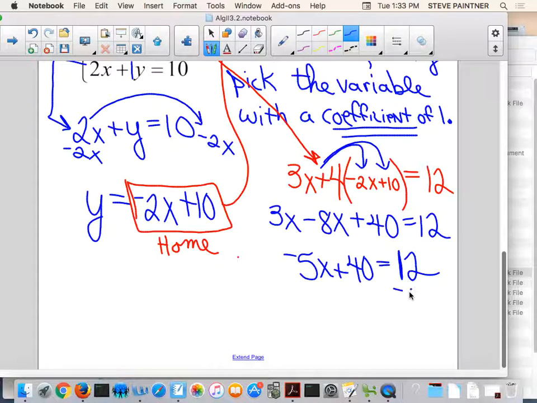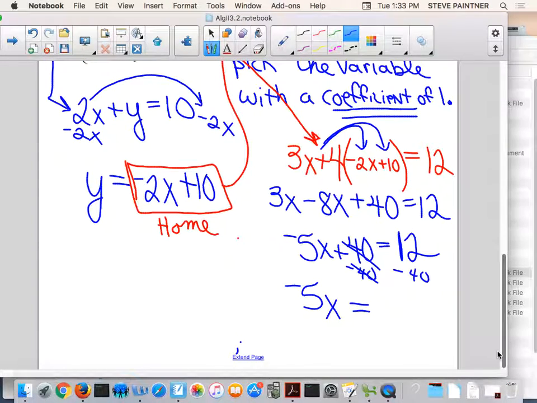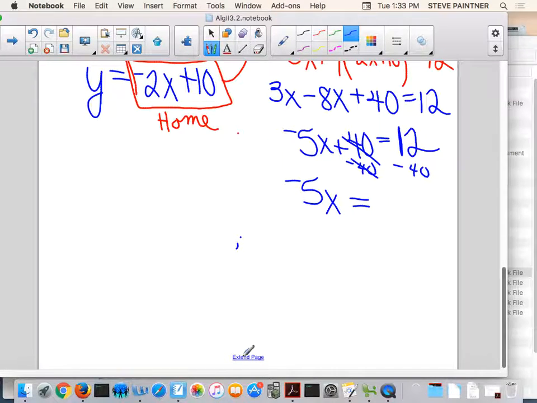Subtract 40 from both sides. Out with the 40s. Negative 5x equals negative 28. And you can see this is not going to be a nice answer. Divide by negative 5. Out with the 5s. Divide by negative 5.